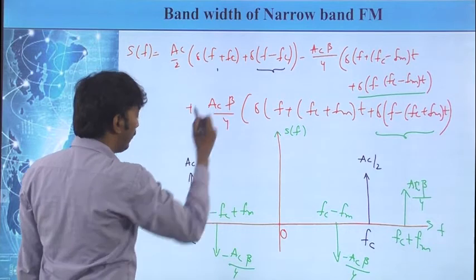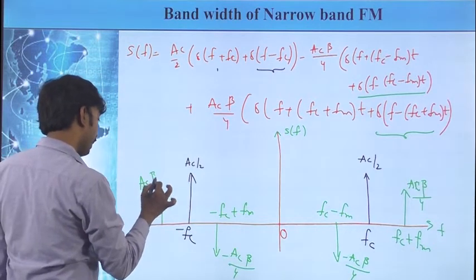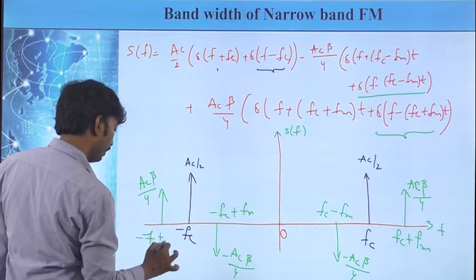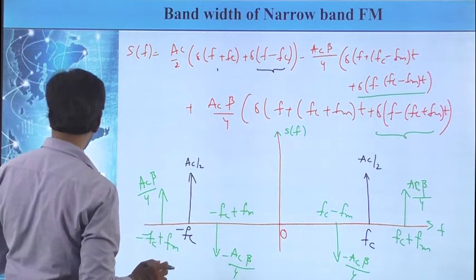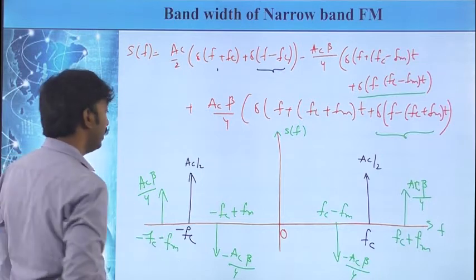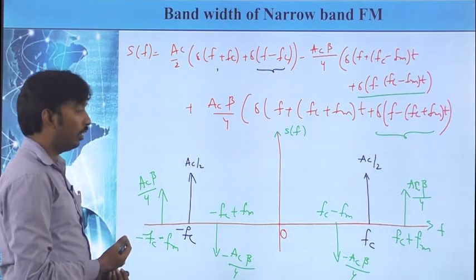The magnitude is AC beta by 4. Now this is minus Fc, I'm sorry, minus Fc minus Fm. The magnitude is AC beta by 4.